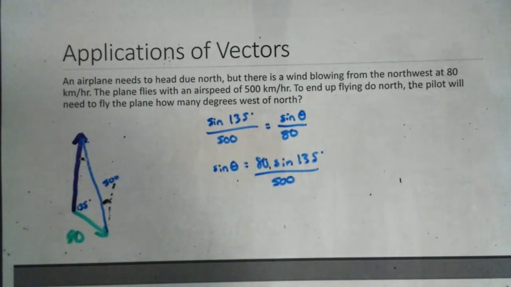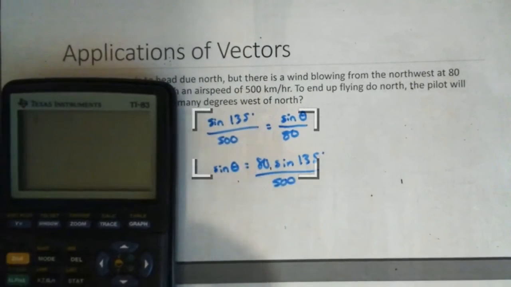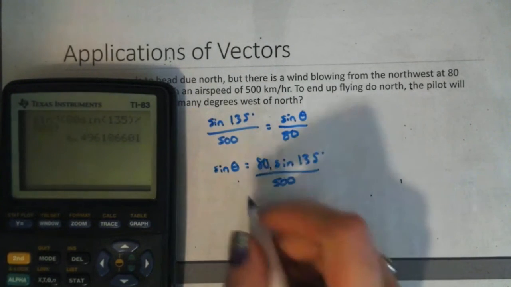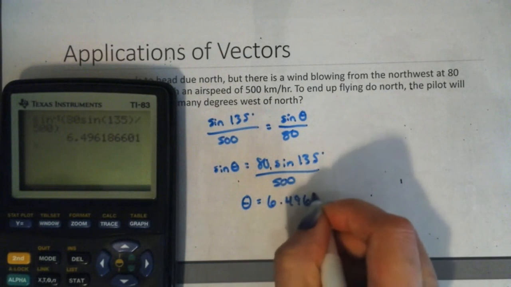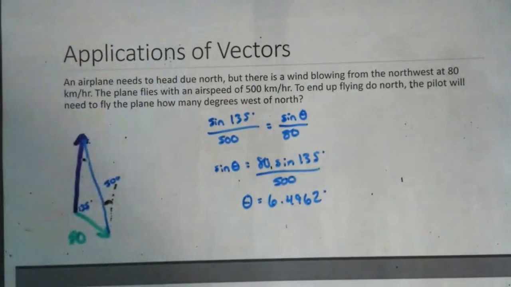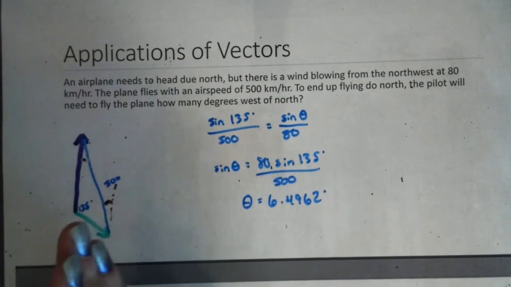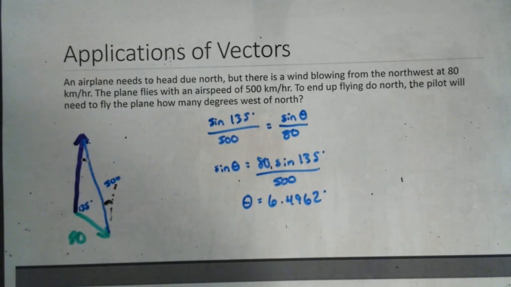And let's type that in. The inverse sine of 80 sine of 135 divided by 500 tells me theta is equal to 6.4962 degrees. So if this plane goes 6.4962 degrees west of north, then they will be headed due north when you factor in the wind.